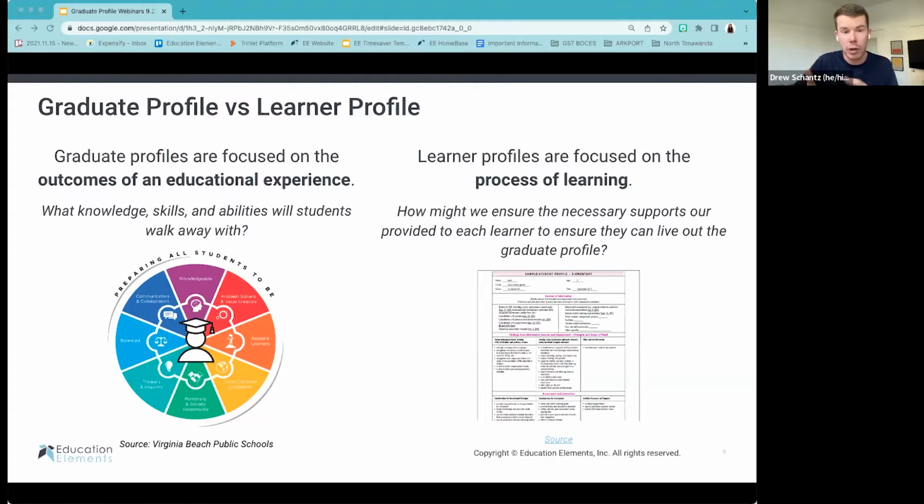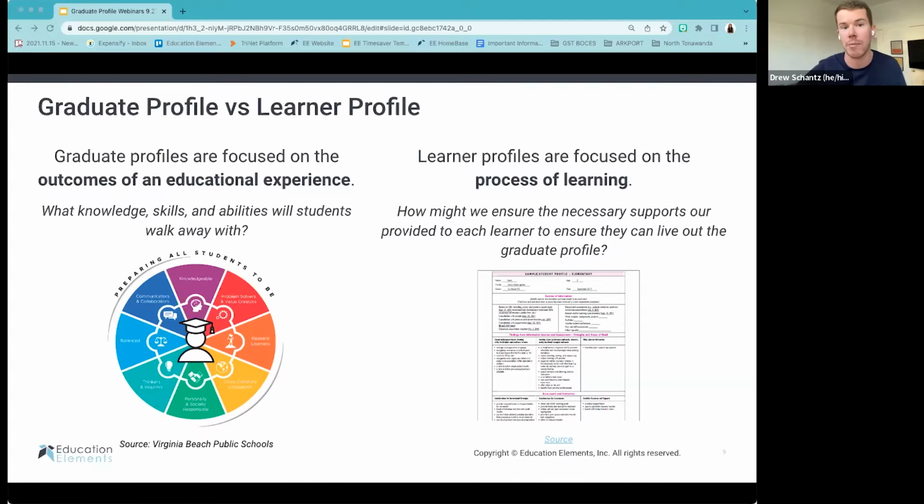Now, a learner profile is something that's carried with the learner throughout their journey and focuses on the process of learning itself. So when we're thinking about learner profiles, we're asking, how might we ensure that we're providing the necessary supports to each learner so that they can actually live out that graduate profile? So we're gathering contextual information about those learners.